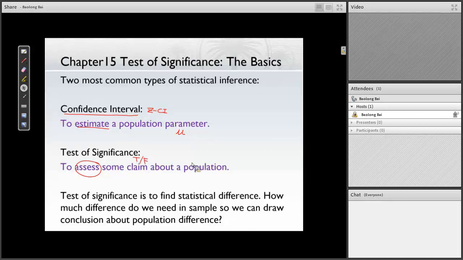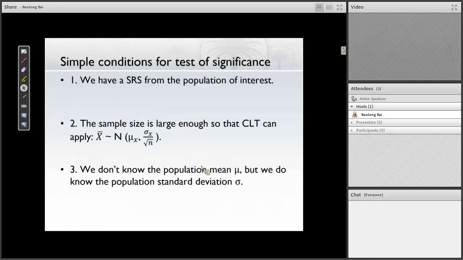And we're always going to be interested in the population parameter mean. The conditions for the Z-test are exactly the same as the Z confidence interval. 3 things: random sample, large enough sample size, make sure the central limit theorem will apply, and then lastly, we need to know the population standard deviation sigma. Okay.